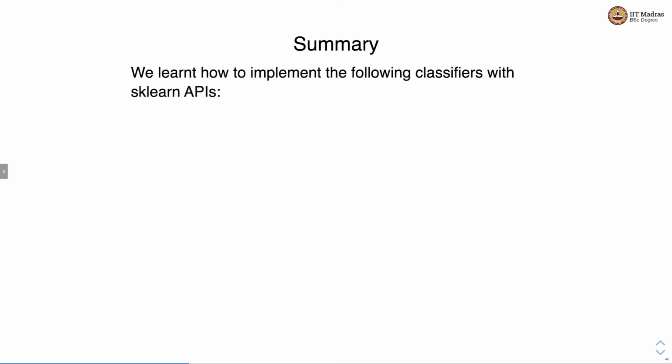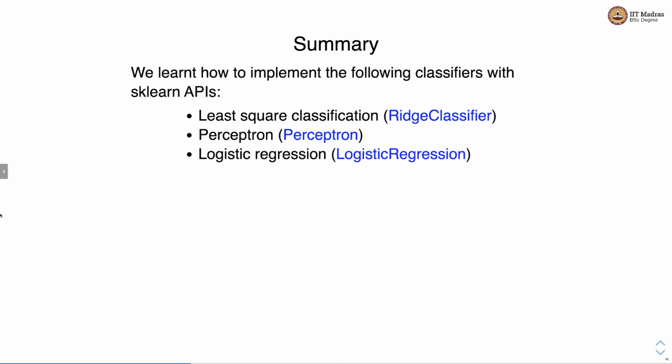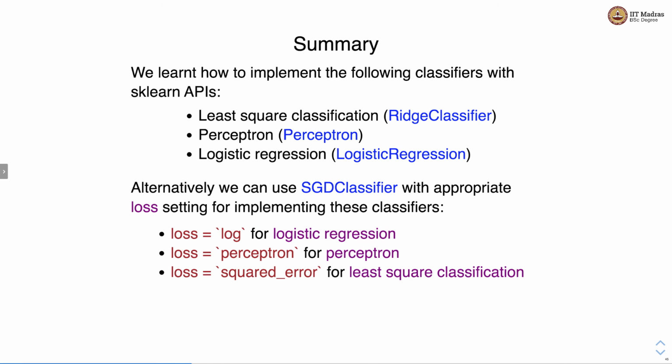In this video, we learned how to implement different classifiers with Sklearn APIs. We learned how to implement least square classifier, Perceptron classifier, and logistic regression classifier with specific APIs like Ridge Classifier, Perceptron, and logistic regression. We can also implement these classifiers with a generic SGD classifier by appropriately setting the loss parameter.